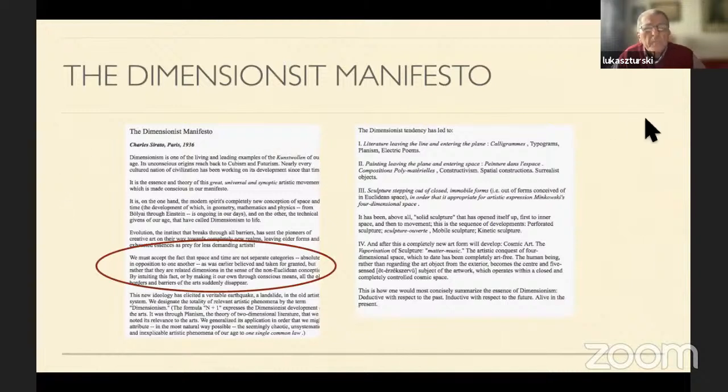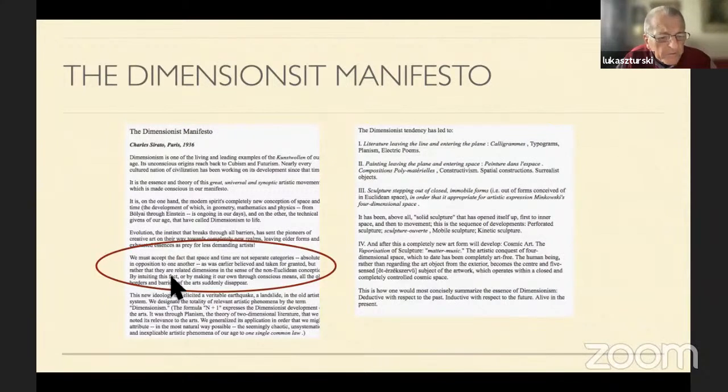And this is another important theoretical document of Cubism. It is the so-called Dimensionist Manifesto. There was a group of artists who called themselves Dimensionists, and that is from 1933. And let me read it for you. We must accept the fact that space and time are not separate categories, absolutely in opposition to one another, as was earlier believed and taken for granted, but rather that they are related dimensions in the sense of non-Euclidean concept.